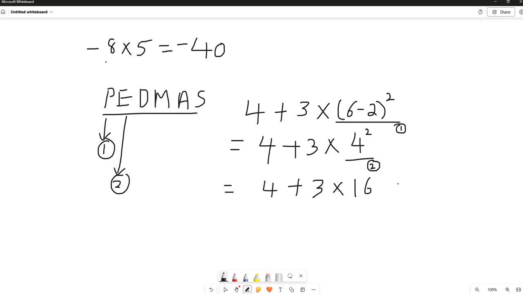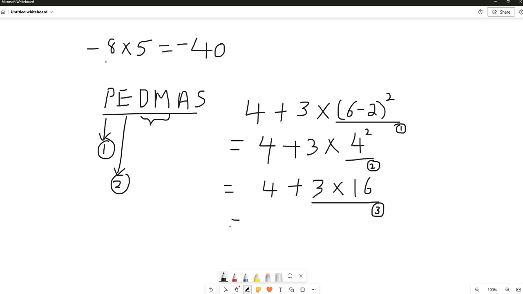Right, so once you have settled all your exponential, your power, we'll now do a review of the so-called division or multiplication, okay, whichever comes first from left to right. So in this case, I see a multiplication over here, I will do it next, okay. So basically now you're going to multiply manually.